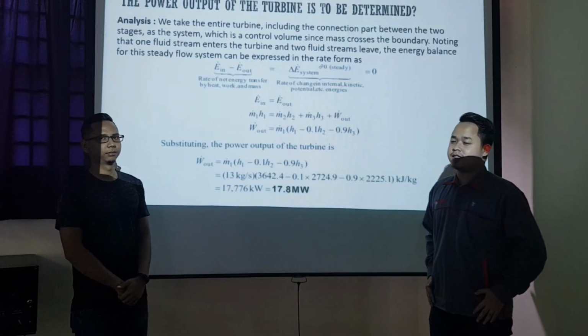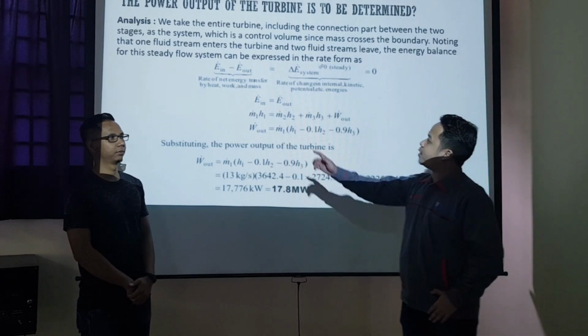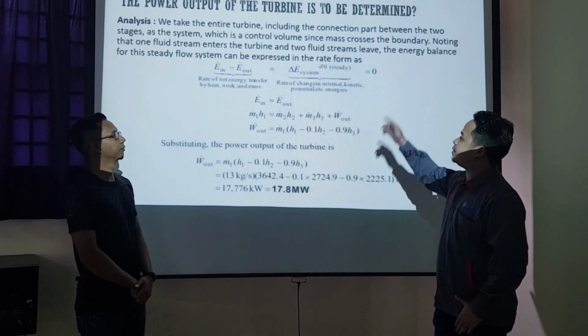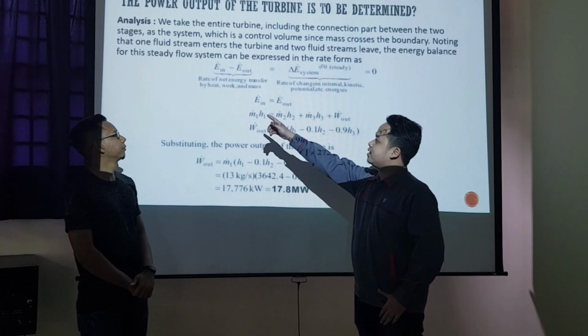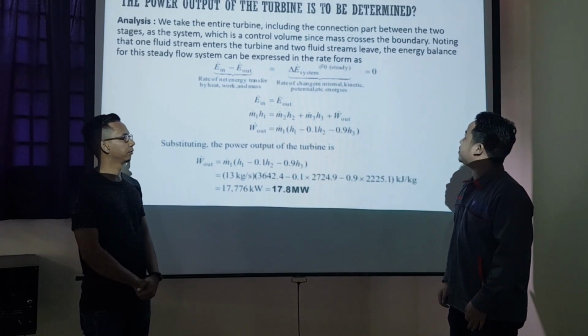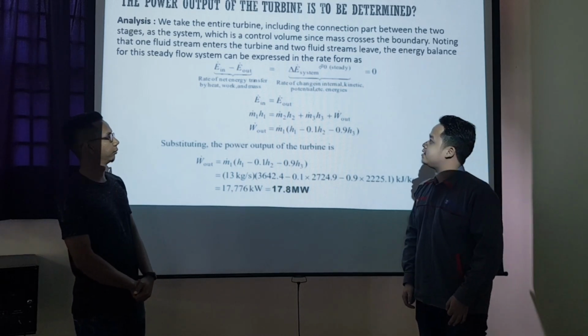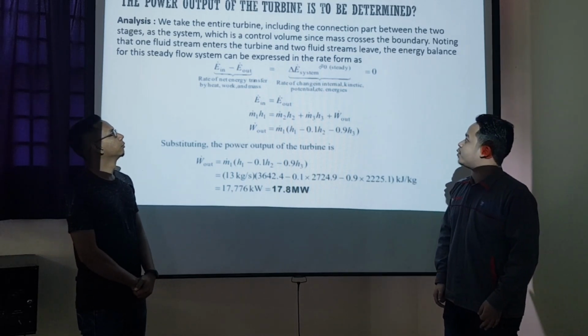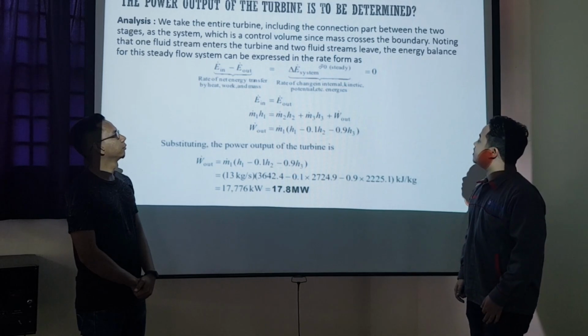The question is that the power output of the turbine is to be determined. We take a look at its analysis. We take the entire turbine, including the connection part between the two stages, as the system, which is a control volume since mass crosses the boundary.